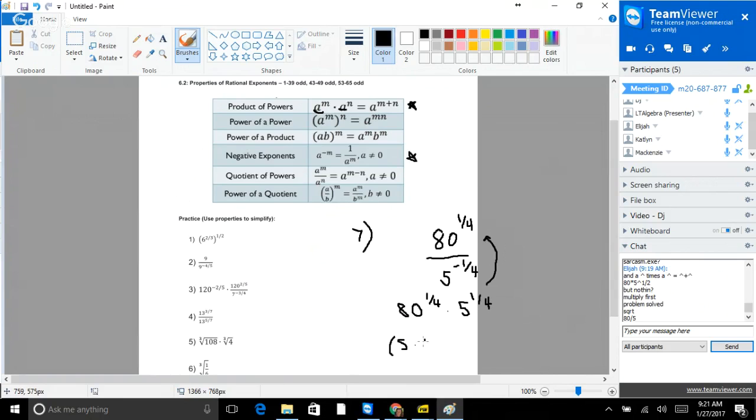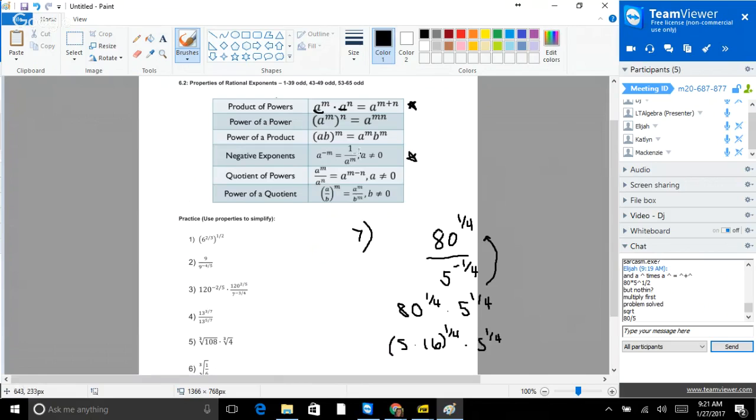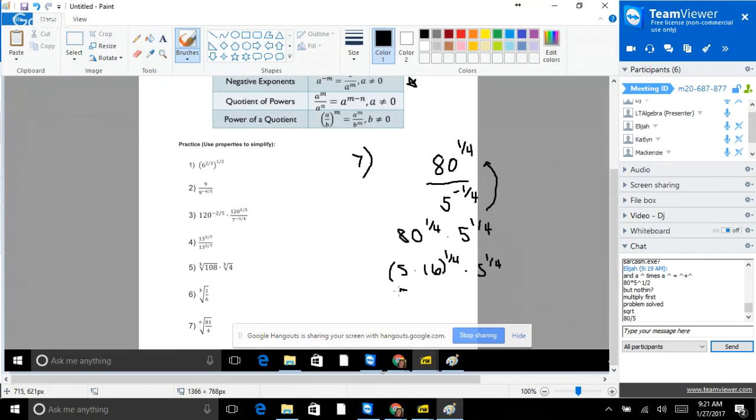So we could make this 5 times 16 to the 1/4 power times 5 to the 1/4 power. Okay. And I don't think this rule is on here. Oh, no, it is. Power of a product. Basically, I can distribute my exponent. So I can say this is also 5 to the 1/4.